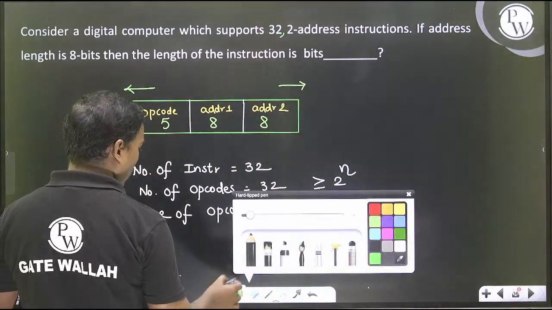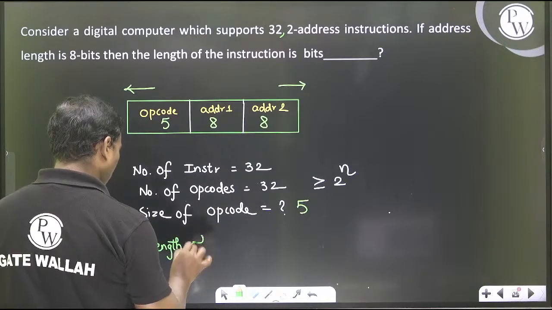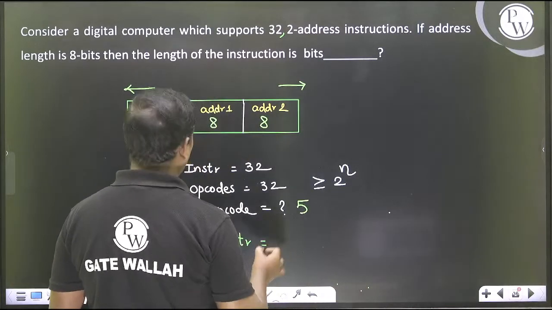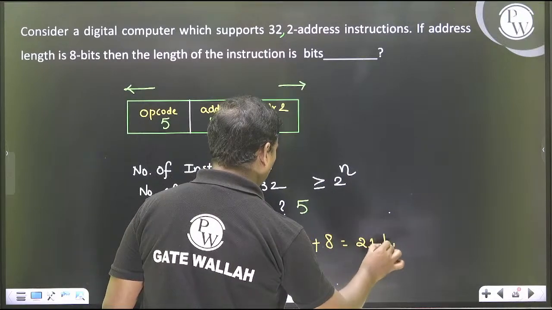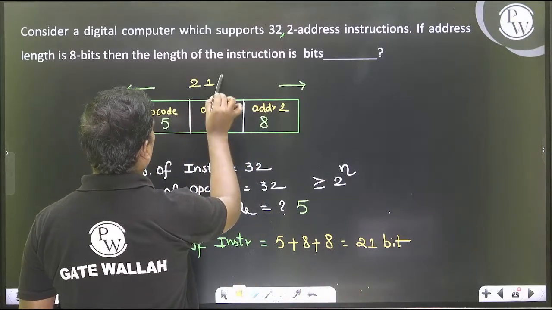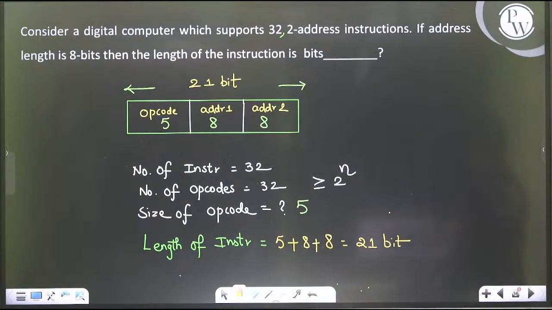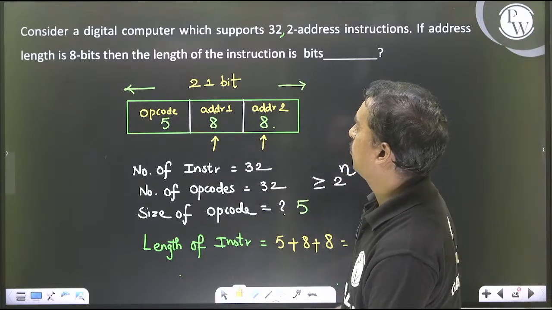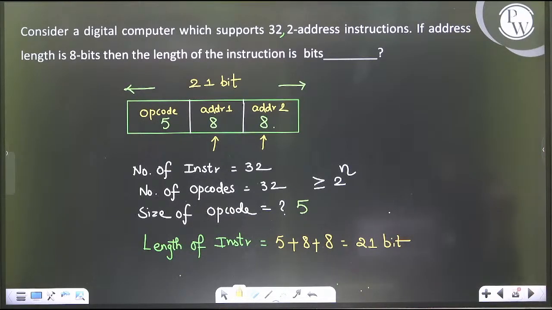The size of the opcode is this. So the length of the instruction is 5 plus 8 plus 8, so 21 bits. Okay, 21. There are two address fields, 8 plus 8. We need to find the size of the opcode.